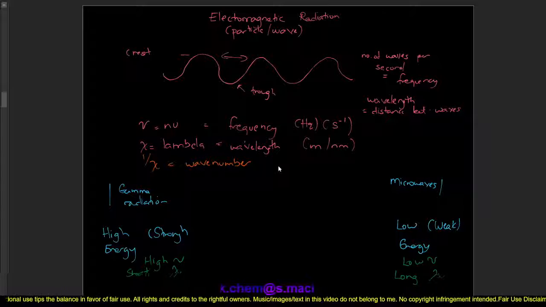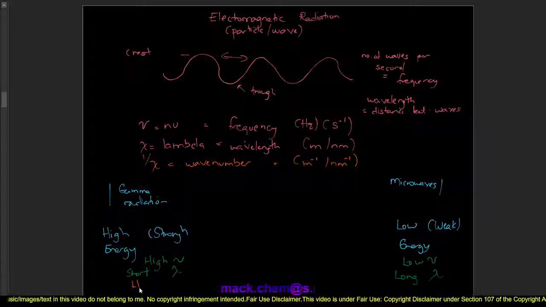And of course, because it's the inverse, the unit is m to the minus 1, meter to the minus 1, or nanometers to the minus 1. Right? So we are saying here that we have wavelength and wave number is the inverse. So if we have a short wavelength, we're going to have a high wave number.